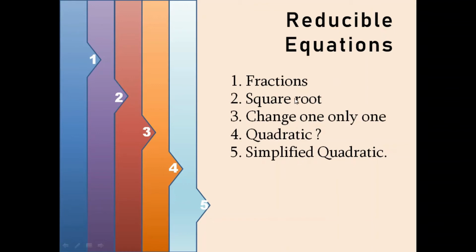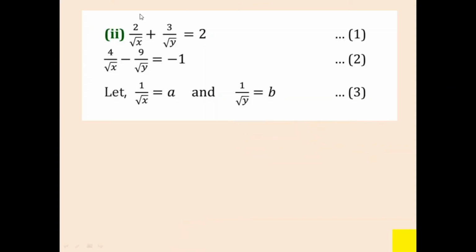First problem we've seen was about fractions. Now let us see how a square root can create a problem. Please remember, if the coefficient is given in a square root, if it was square root 2, then there's not a problem. But when it is a square root x or a square root y, then definitely a problem. And in these two equations, we see that.